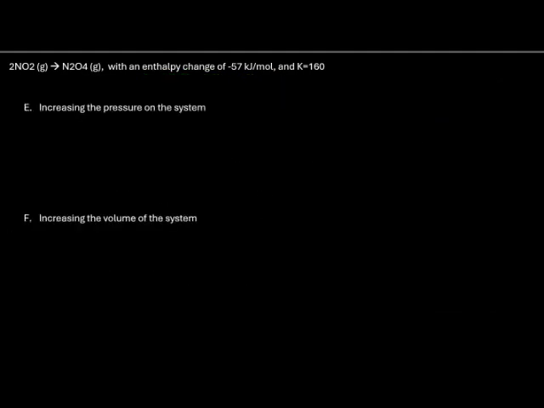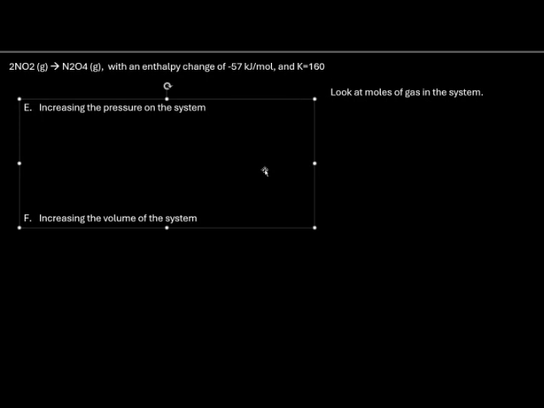When you have a reaction that either produces or uses up gas, we have to think about the effects of increasing or decreasing the pressure on the system. First, in order to look at pressure, let's look at the moles of gas that are in the system. When we look at this equation, we notice that we have two NO2s on the left and one N2O4 on the right.